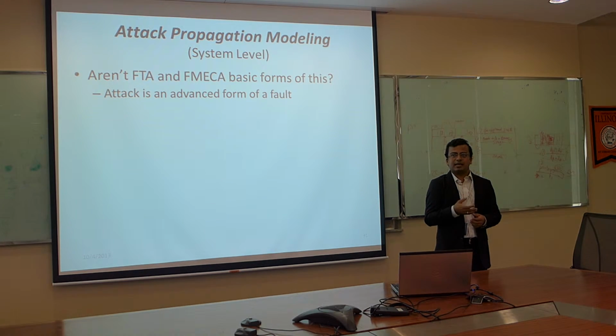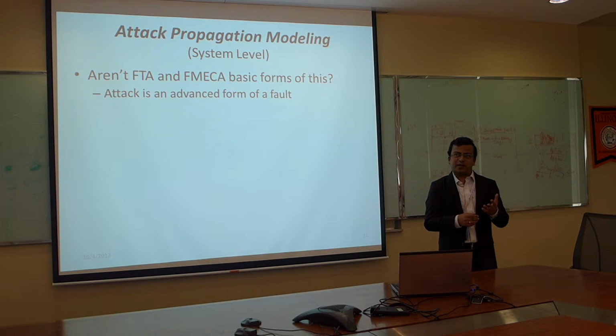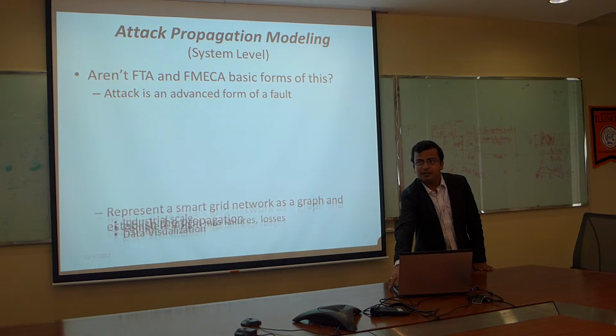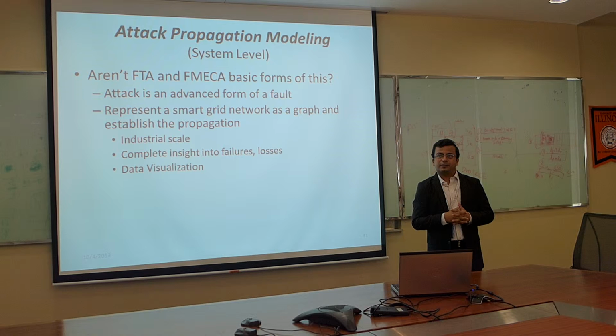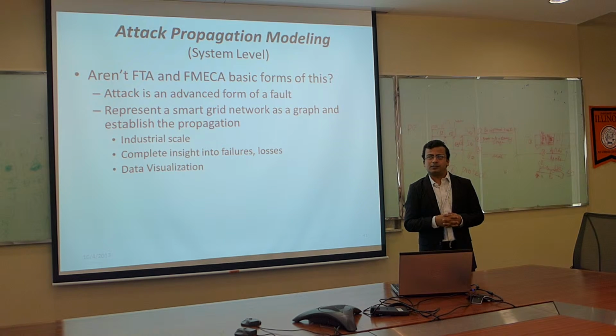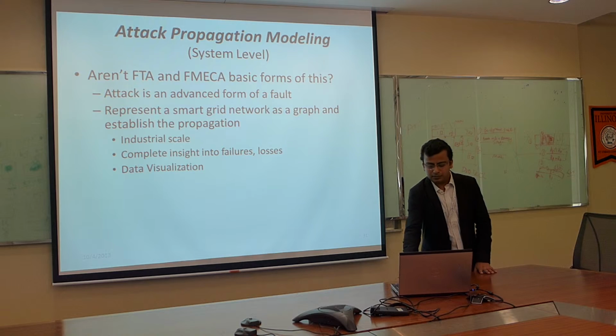Now, if the attack is just for stealing information, then maybe something else needs to be done. But if you can represent a smart grid network as a graph and establish this propagation of faults, you can get insight into failures and losses at the bigger industrial scale.